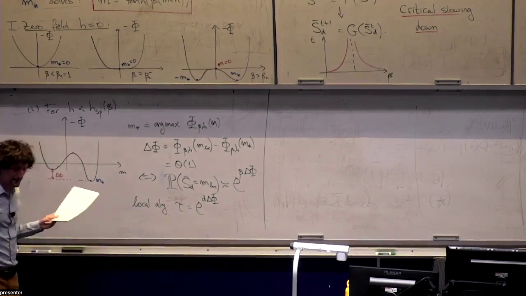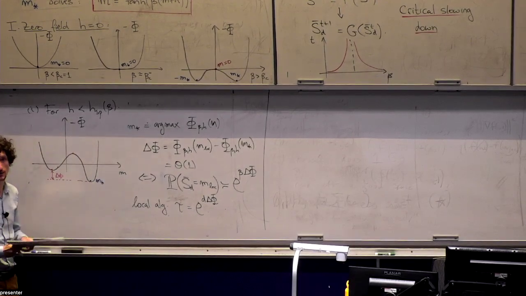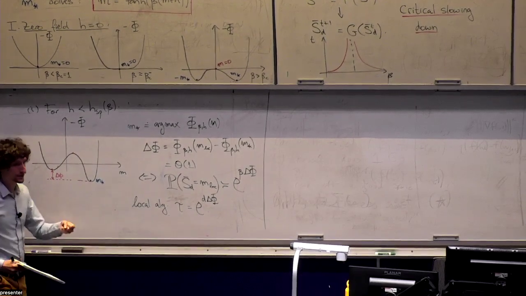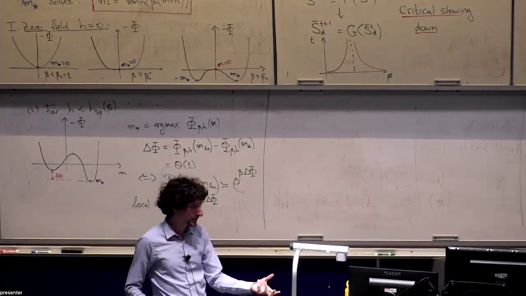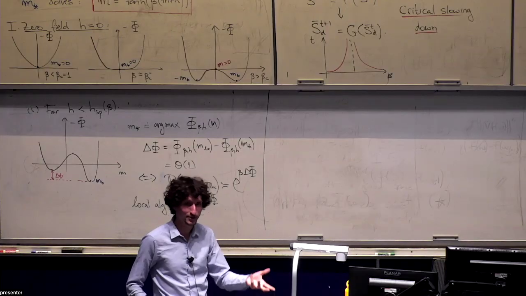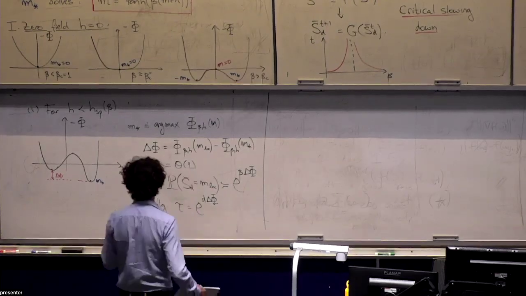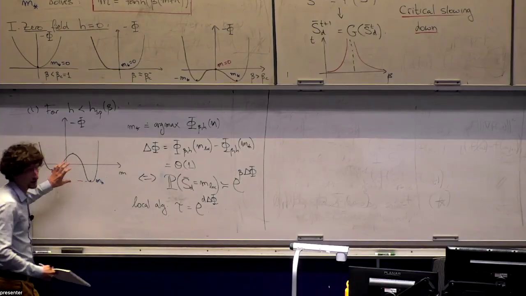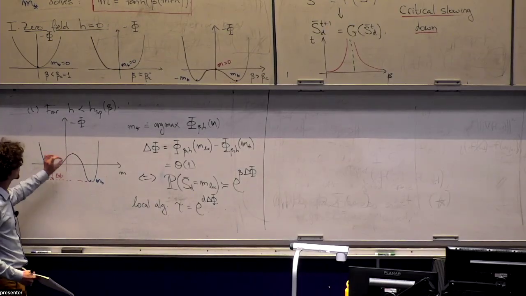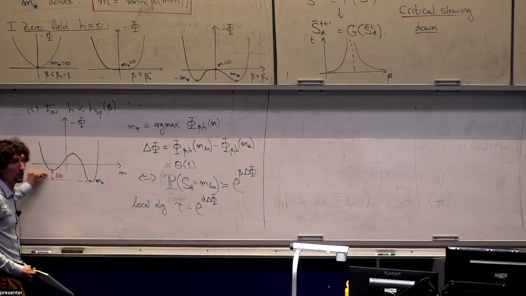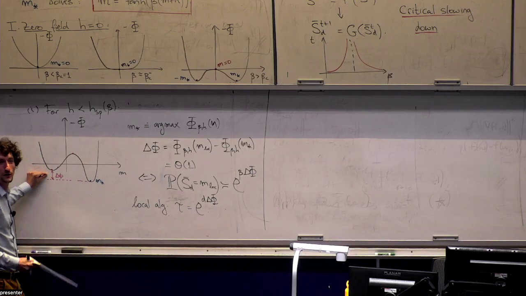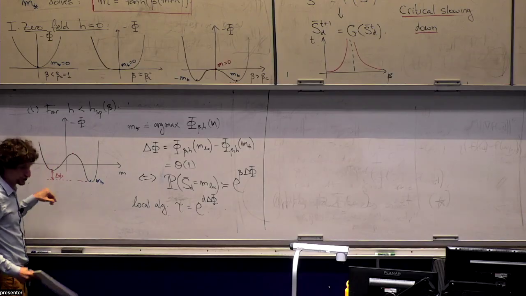And that's exactly the same phenomenology we saw on the first day with the beer, right? This beer that was a super cooled beer, and then it was in a liquid state, and then you tap it, and then it starts freezing because it essentially jumps the minima. So in the case of the beer, we were very close to the transition where this potential difference was very, very small, and so just a little bit of thermal fluctuation was enough to make you jump.